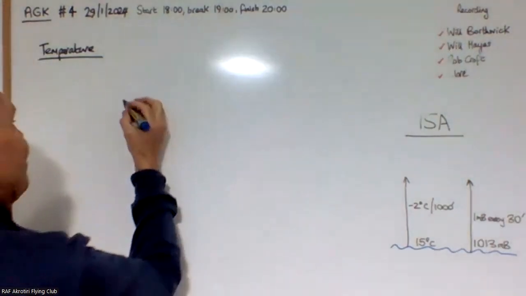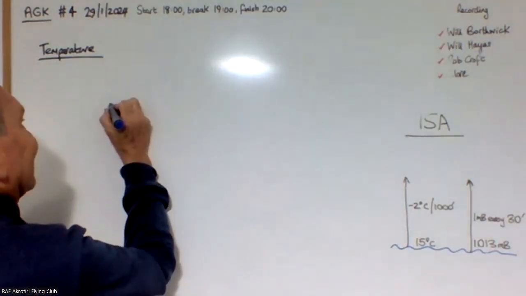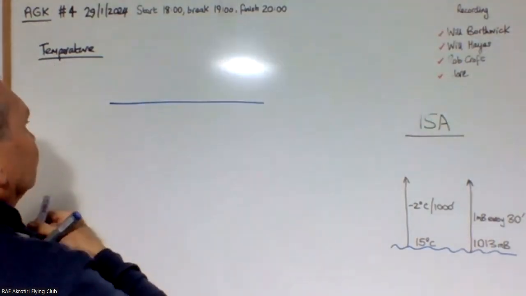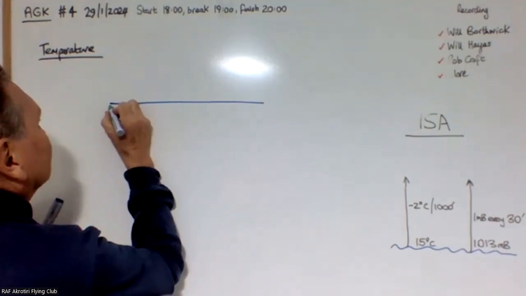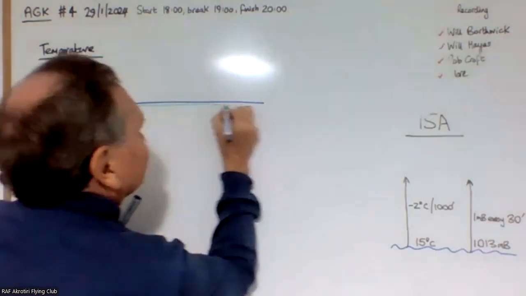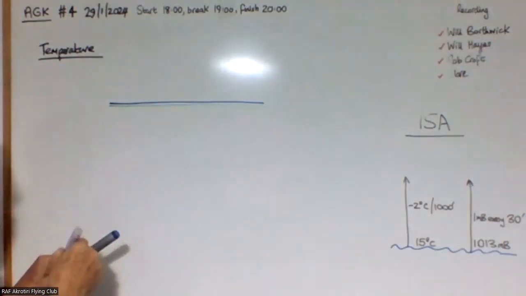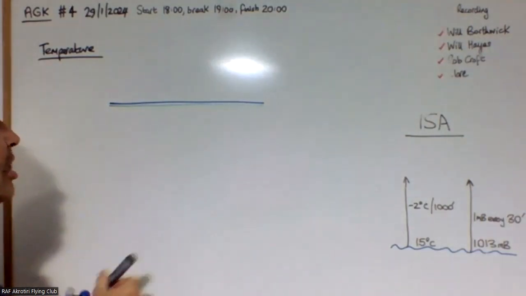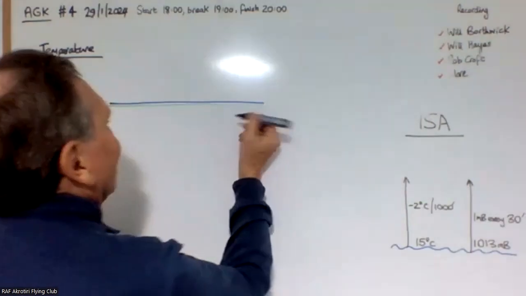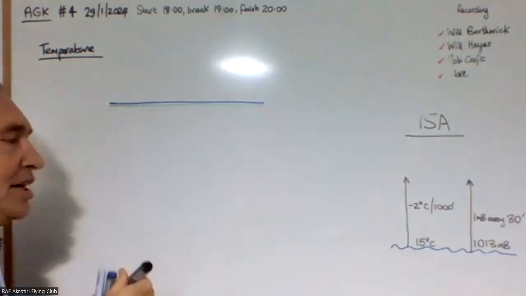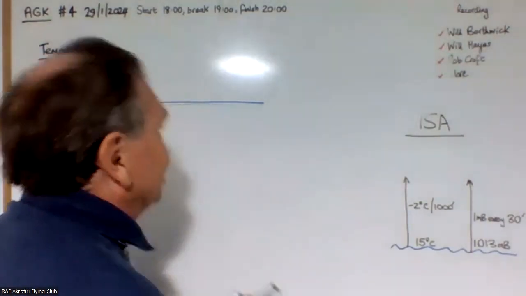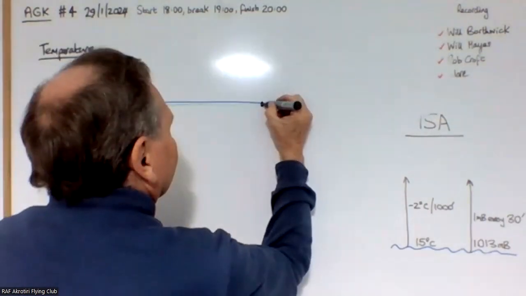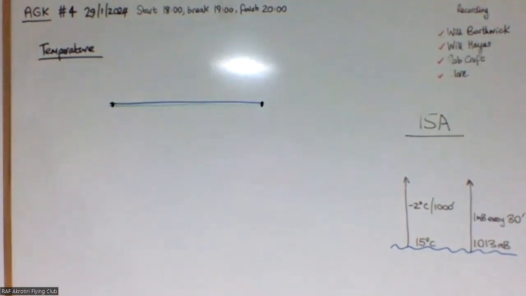So what happens is if we take two bits of metal, and these are dissimilar metals, typically one would be copper and one would be steel, and you connect them together at the end.